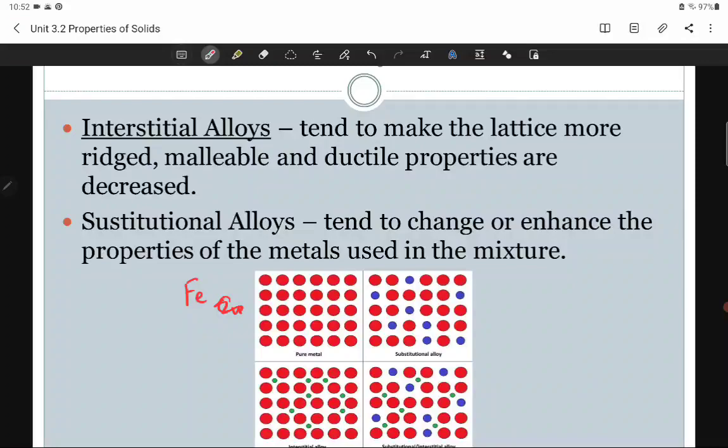And then if you would insert a few carbons in there, then you wouldn't have just iron. You'd have iron with carbon, and this would make this alloy now stronger, more rigid, and this would be an example of steel.